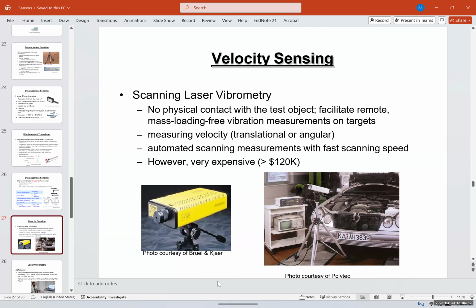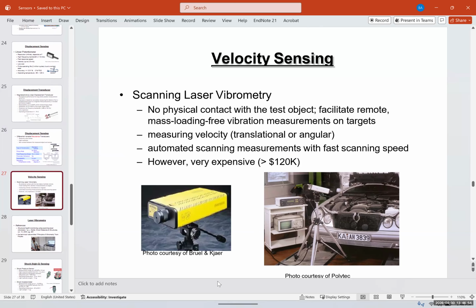Now, another type of sensor is called the velocity sensing. This is a type of scanning laser vibrometry. These are non-contact physical sensor technologies. They facilitate remote mass loading free of vibration measurements on targets. They measure velocity, and it could be translational or angular.